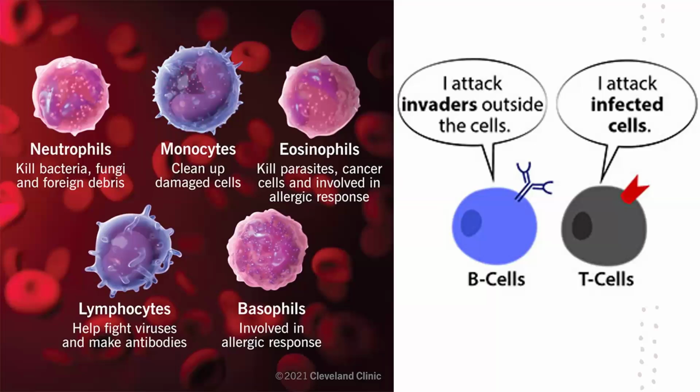It also causes your tissues, in our case our airways, to start closing because they have to expand so much. So basophils, again, don't attack anything, but they release chemicals that help in our immune response.